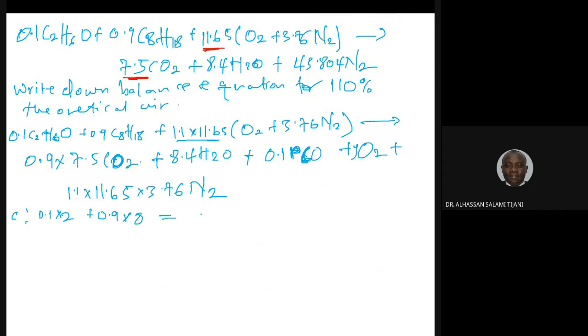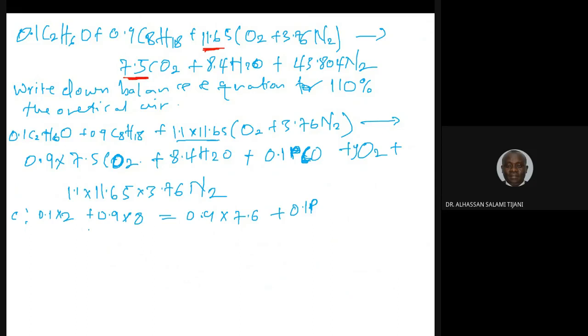And then this should give me, at the product side, 0.9 times 7.6 for carbon, plus 0.1 P. So now let's look at what is the value for P. If I sum this, this gives me 0.2 plus 8 times 0.9, which gives 7.4.